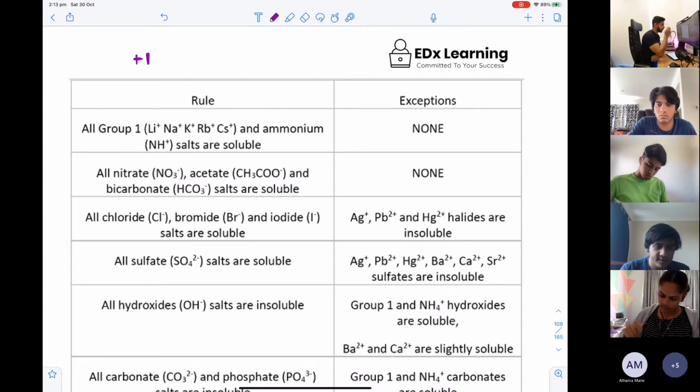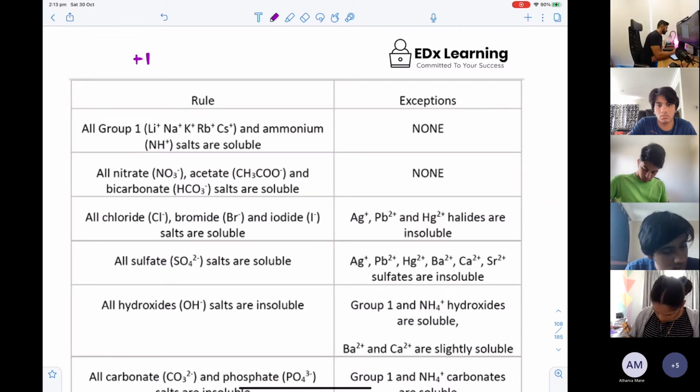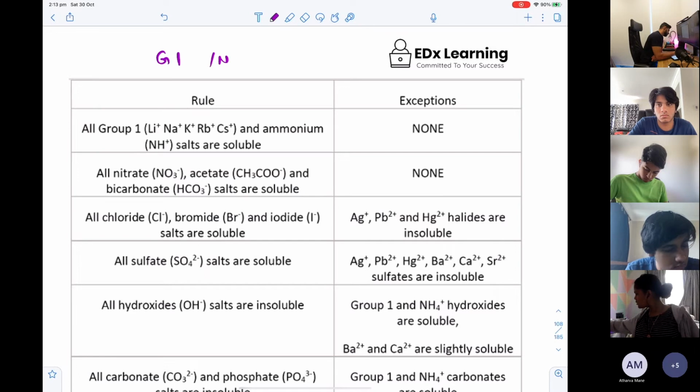So that's the first thing. Whenever I draw a salt in front of you, you should ask yourself, is that a group 1 metal or ammonium? If it is, it's always going to be soluble regardless of the anion. That is rule number 1 of solubility. Does that make sense? Write that down in red, highlight it. Group 1 metals and ammonium salts are always soluble, regardless.